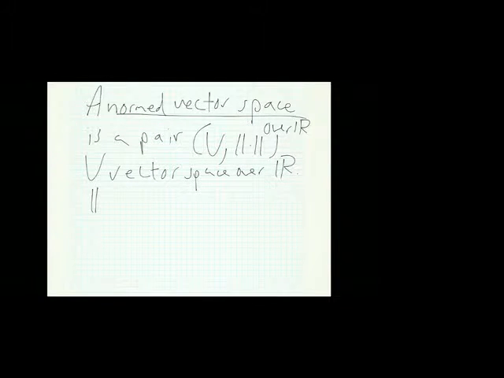And this other thing here, I have a pair of vertical lines. This is a map from V to R. So the map just works like this. If I have a vector v, I can produce the real number where I put those vertical lines around v.